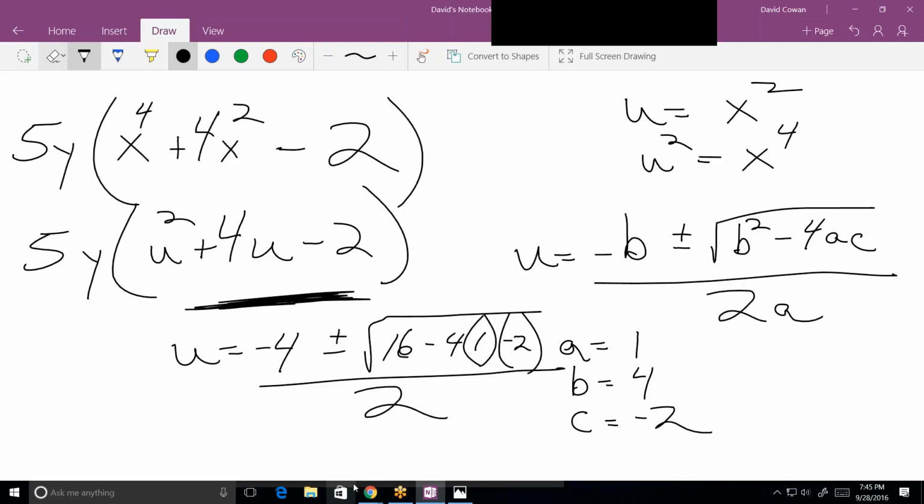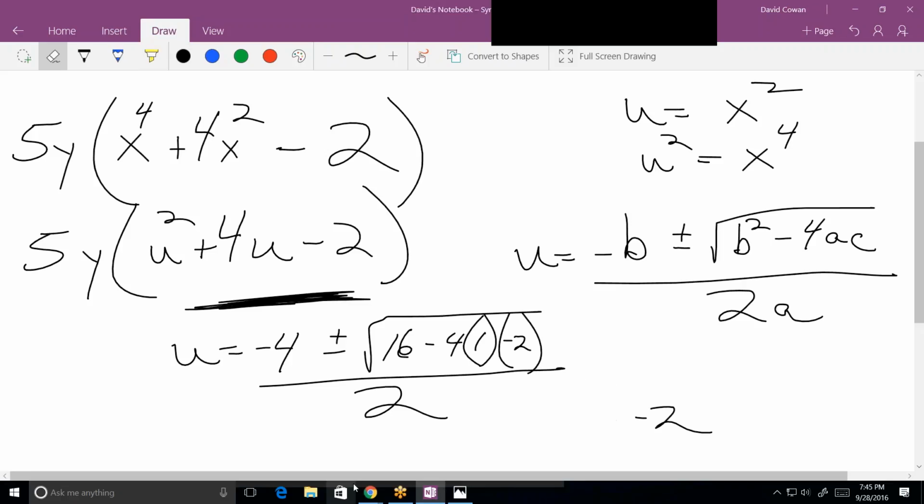All right? Let me erase some of this stuff. Now, it's at this point here where most people make their mistakes. This is a complicated thing to figure out. One of the reasons everybody makes a mistake here is because I'm looking at a negative sign there and a negative sign there.